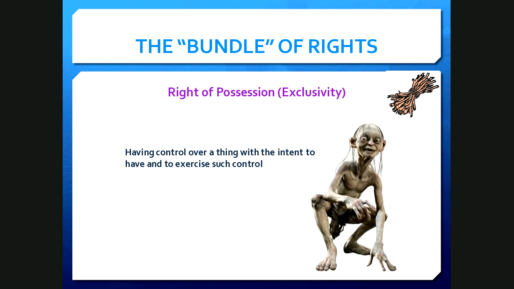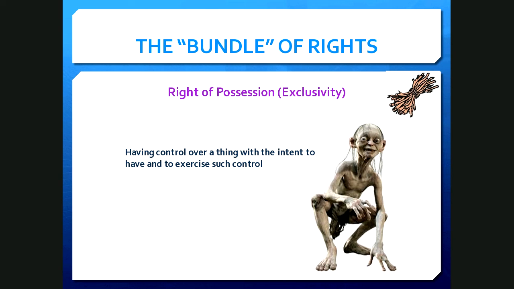But real property is different than personal property, because real property you can't pick up. You can't stick real property in your pocket. You can't wear real property around your neck. You can't hide real property in a cave, right?